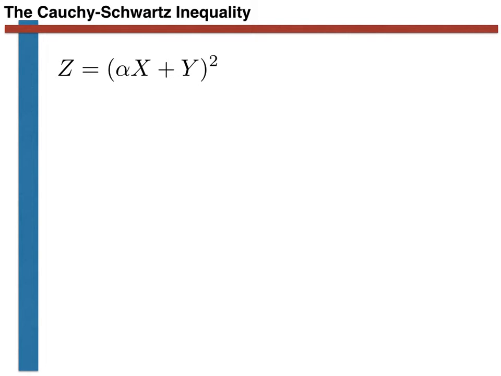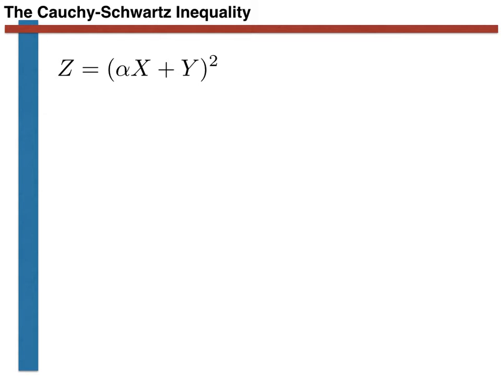To prove the Cauchy-Schwartz inequality for random variables, we begin by introducing two real-valued random variables, capital X and capital Y, and one further random variable, capital Z, which is the function of x and y shown here, with alpha being a real-valued parameter.